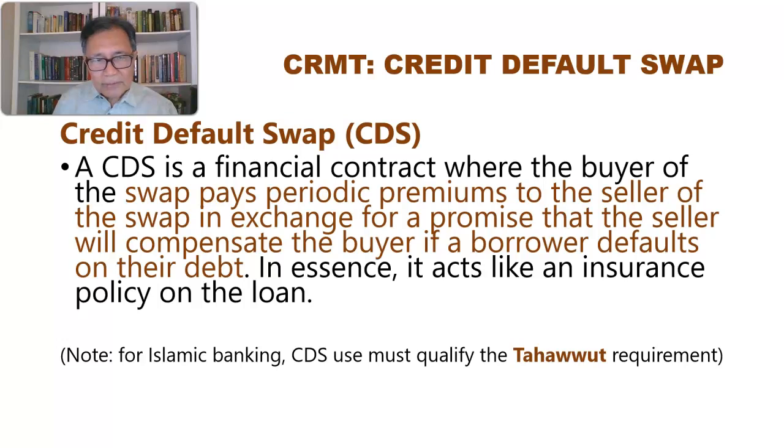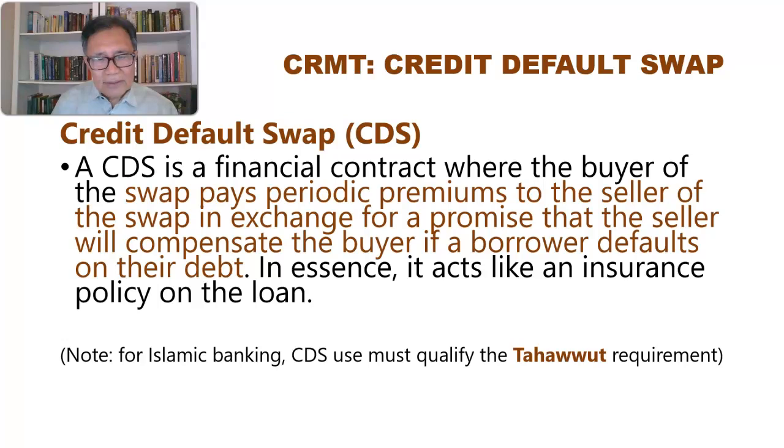So this is something that is much newer compared to the collateral and guarantee risk mitigation. So the CDS, I presume, has become popular since the 2008 US subprime crisis.